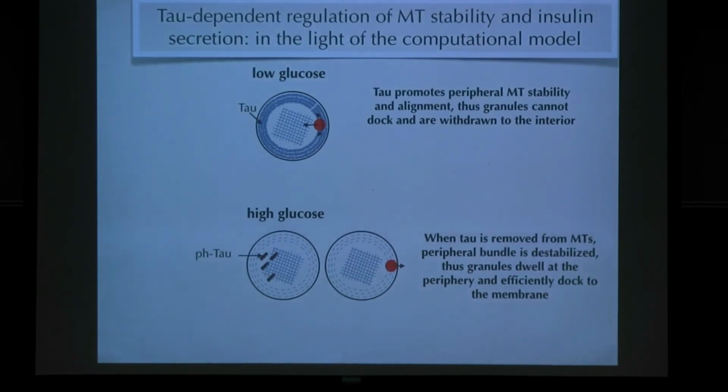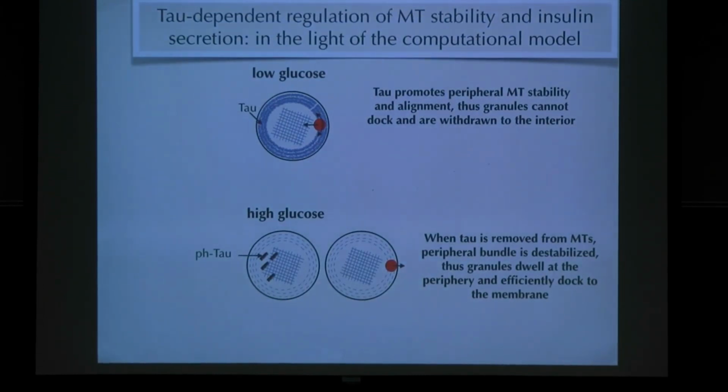And taking a step back to the molecular mechanisms that I described a few slides ago, this tau-dependent microtubule stabilization should be regulating all these things, right? Because this is what regulates microtubule stability and local microtubule depolymerization.